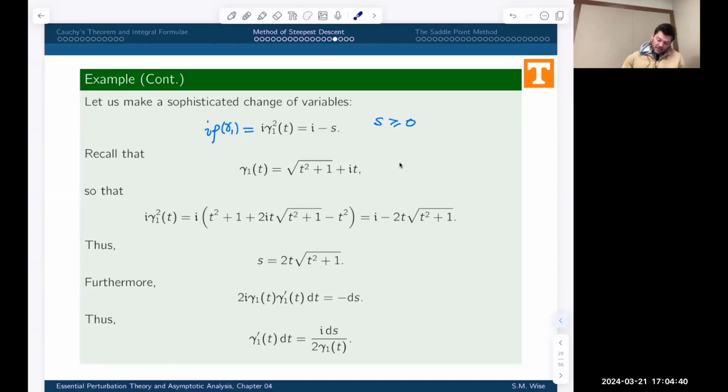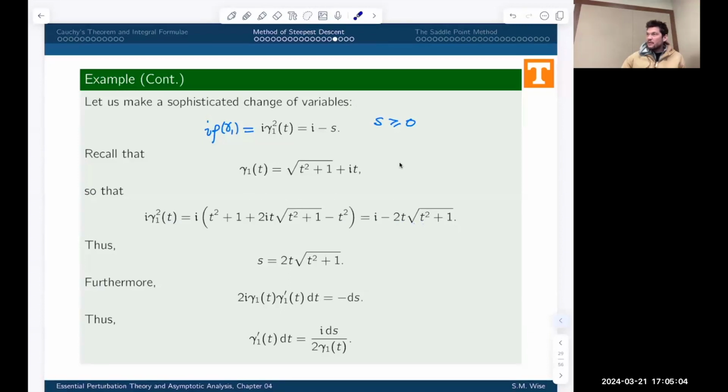Okay, so when we do this expansion, we get I gamma 1 t squared. If you just expand this part out, just square it, then you get I minus 2t square root t squared plus 1.